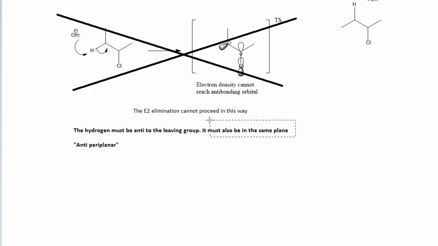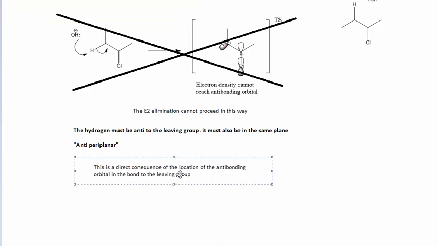Another result of that is that these two orbitals need to be in the same plane. So the electron density that's collected by this carbon after the deprotonation must be in the same plane as the orbital that has the antibond. Otherwise, geometrically, it's not possible for the E2 elimination to occur.